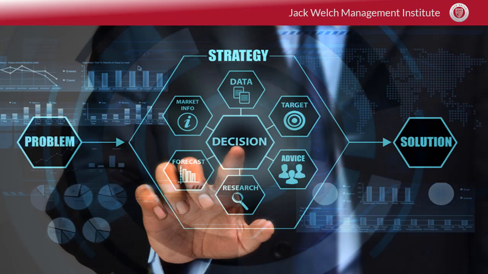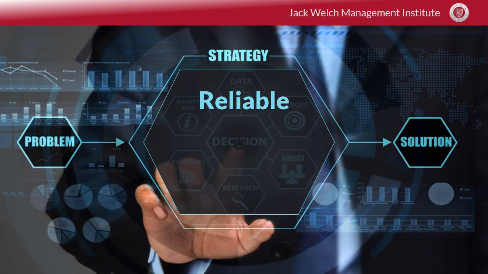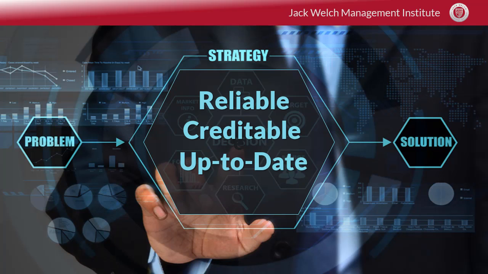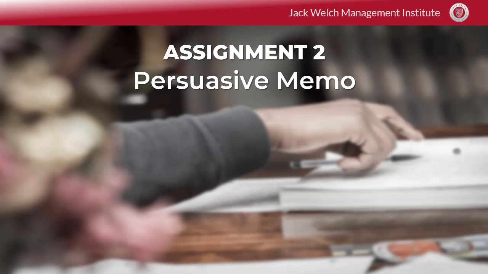Because smart decisions are crucial to the success of any business, and those decisions must be based on the most reliable, credible, and up-to-date information available. Some of that information comes from internal data, and some comes from outside sources, which must be cited. So, the purpose of Assignment 2 is to introduce you to the technique of using sources as a persuasive device.